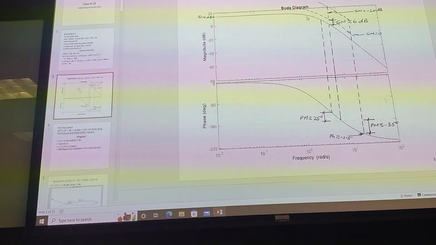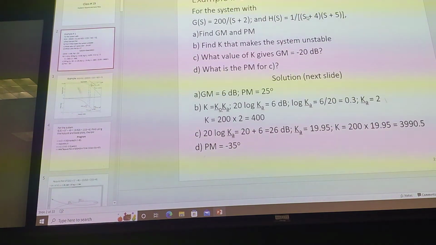If the response passes through 0 here, then the system is at the margin of stability. And so we have to increase 6 dB in order to get the system to the limit of stability.